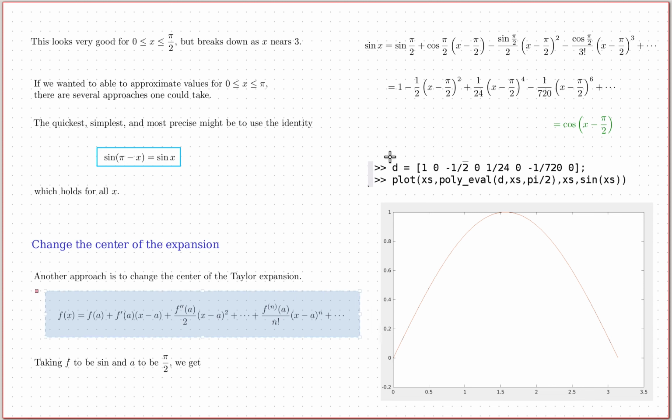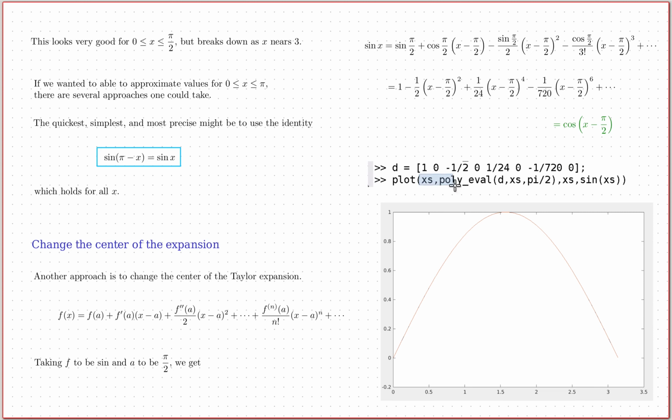Okay, now what we can do is test out our new approximation. I define a new list of coefficients d, right, with the coefficients coming from this series. Again, don't forget to put zeros in this case for the even powers, right? For all the even powers, the coefficients are 0. And then I plotted it the same way.